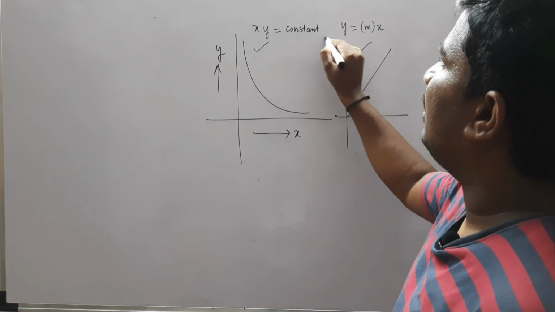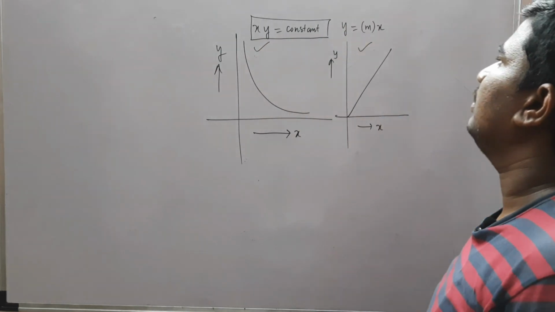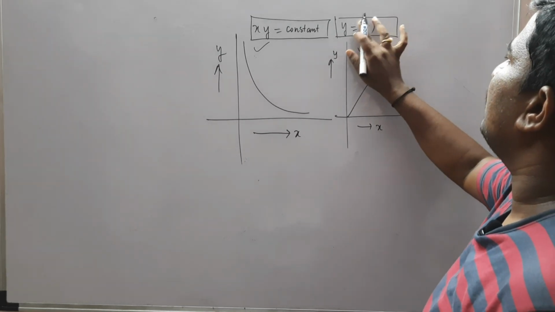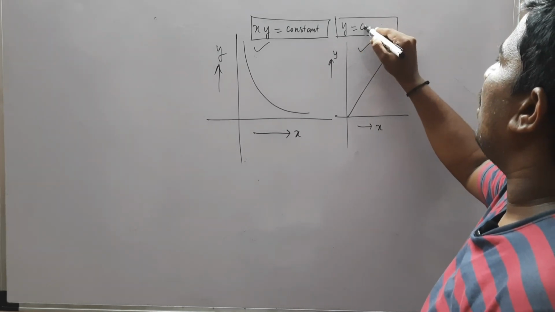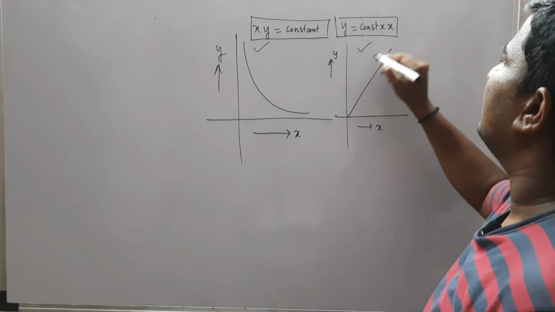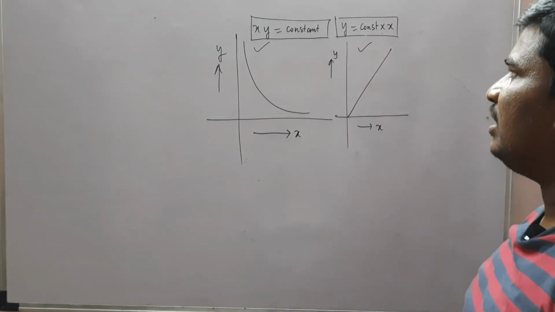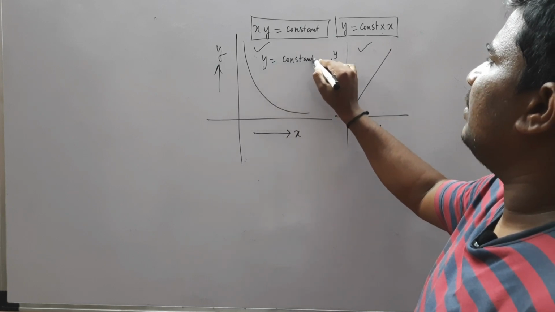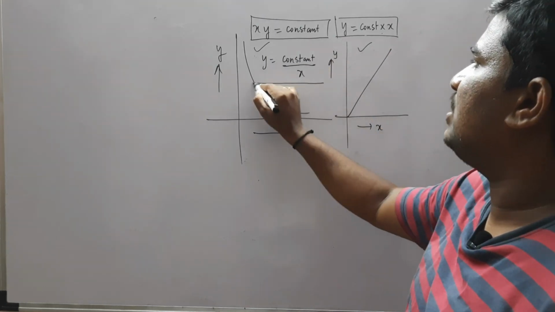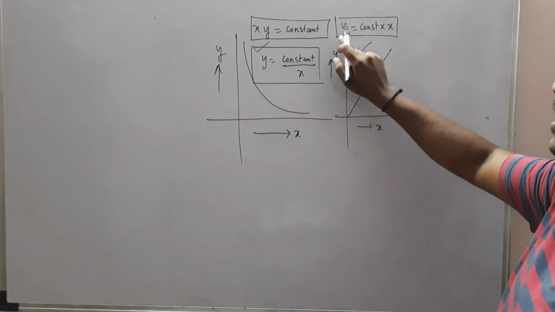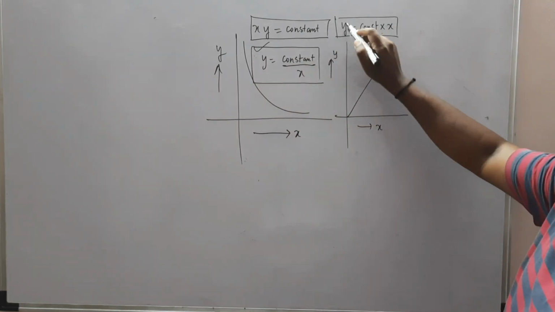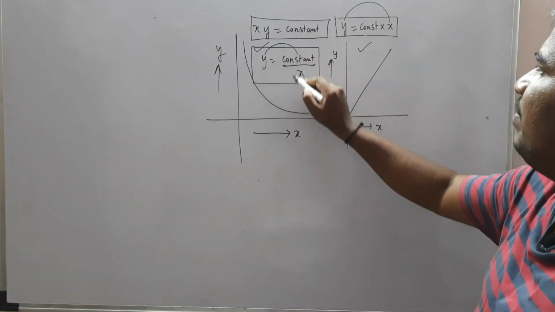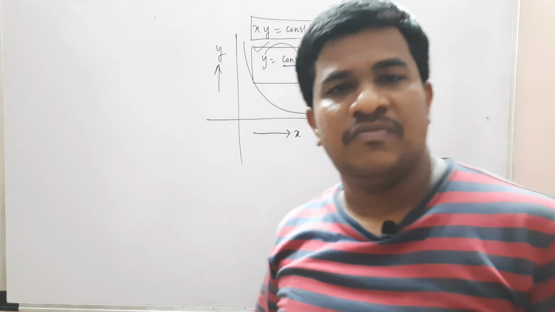I have taken 3, it can be any constant. So y equal to constant into x is a directly proportional relation, and y equal to constant by x means those two quantities are inversely proportional to each other.